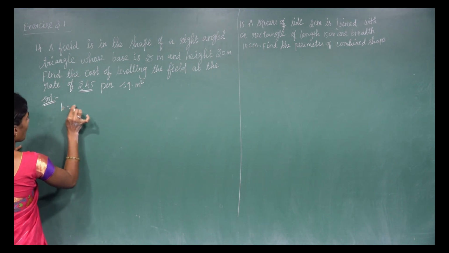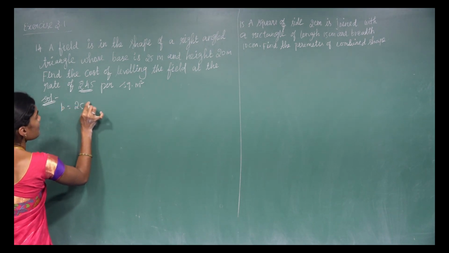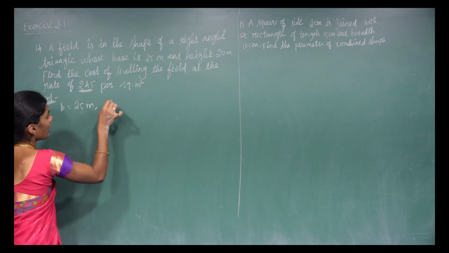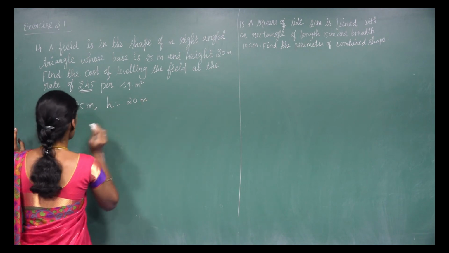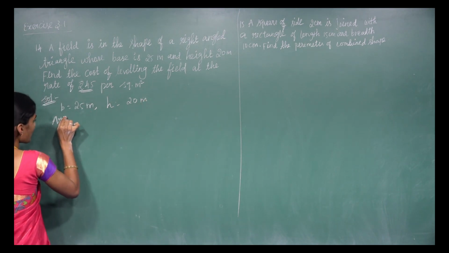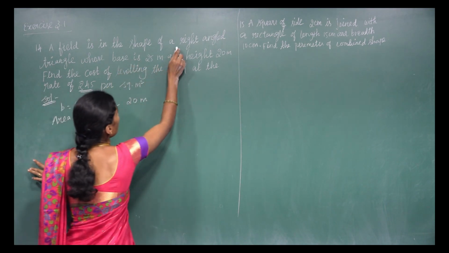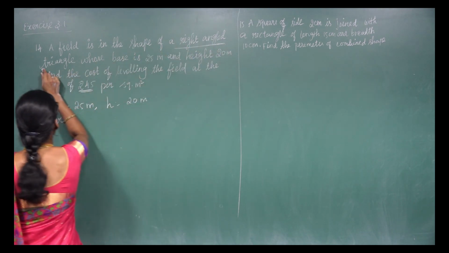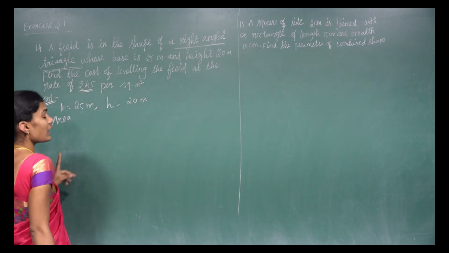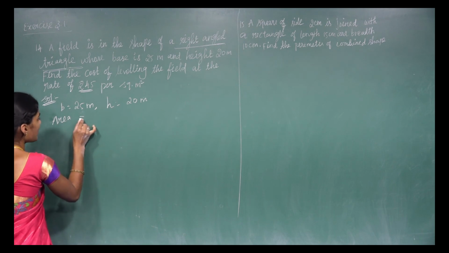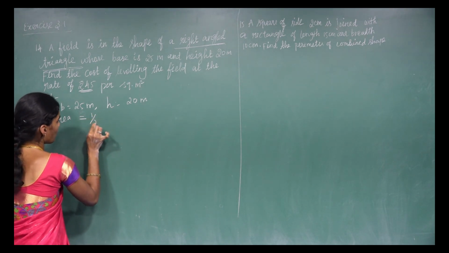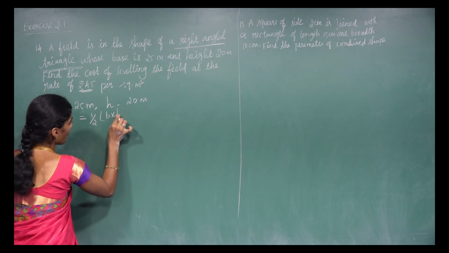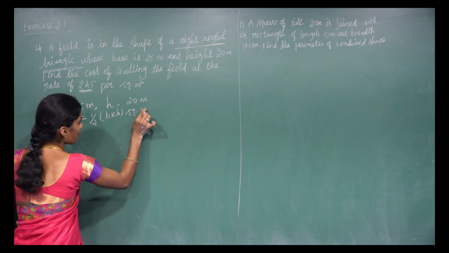So the base is how much? 25 meter. And the height is how much? 20 meter. First of all, you want to calculate the area of a right angle triangle. What is the formula for area of right angle triangle? Yes, 1 by 2 into B into H square units.